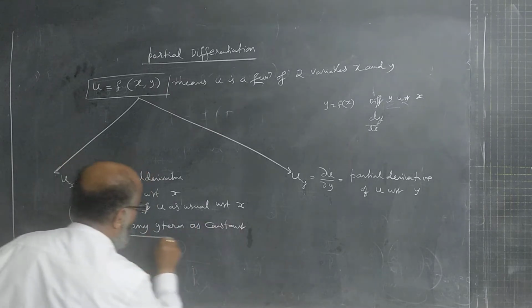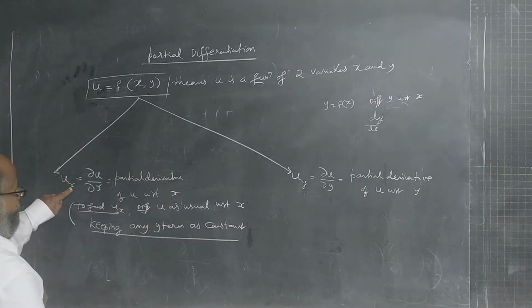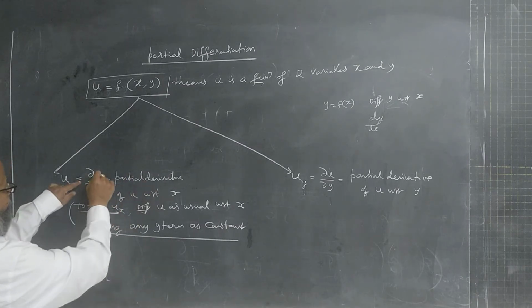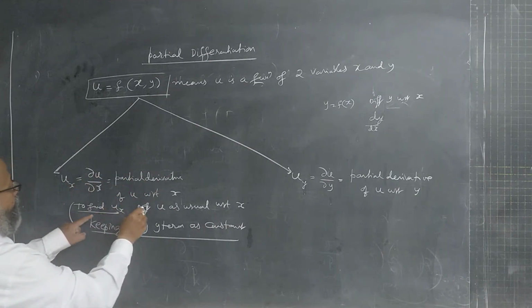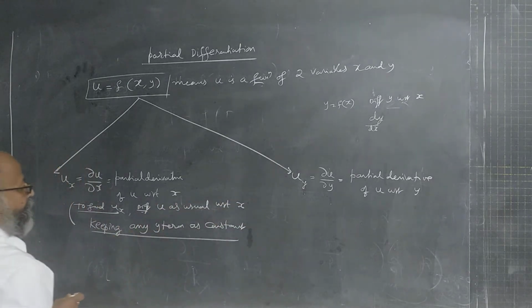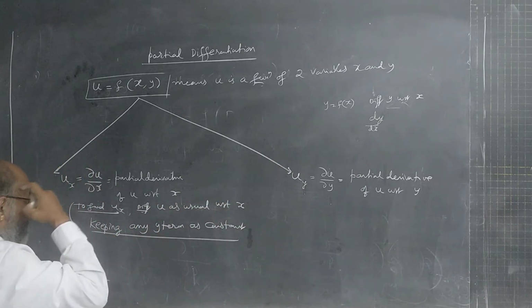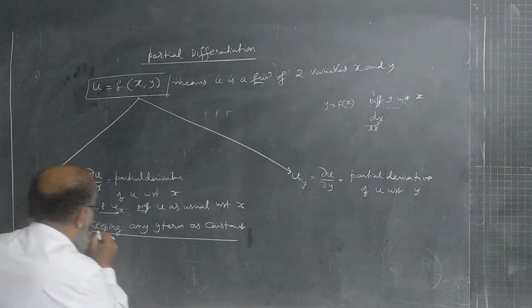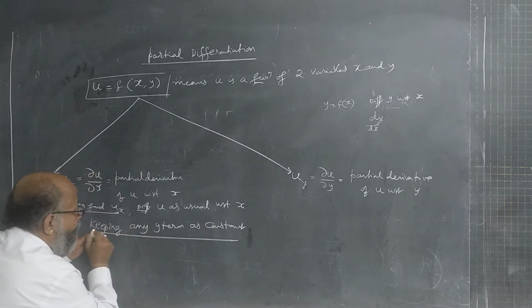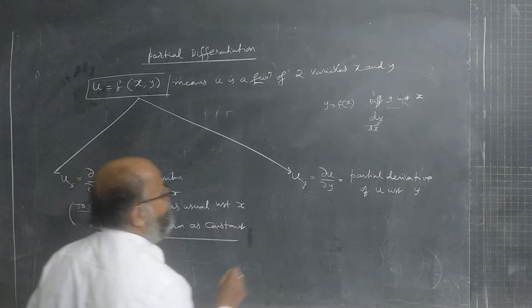This is very important. If you are asked to find ux, that is the partial derivative of u with respect to x, or delta over delta x, differentiate u as usual with respect to x, like this only. But in the mind, when you are differentiating with respect to x, be careful: you should keep any y term as constant.